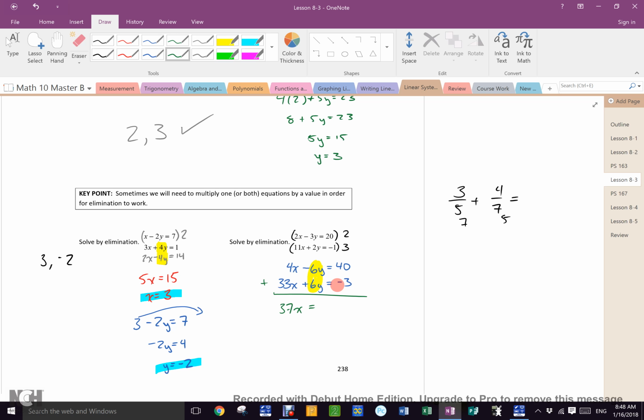Any x I see. Which one do you want to work with? Does it matter? No. I personally would work with the top one because the numbers are smaller, but that's just me. What goes in for x?